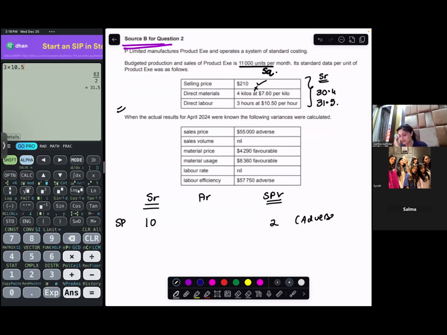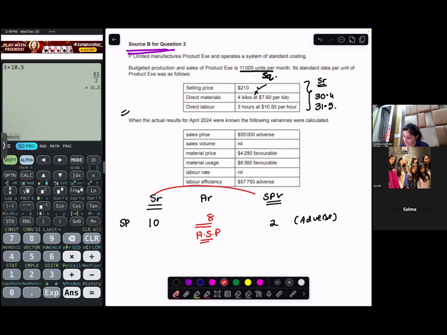What does this mean? That your actual rate would be 8. It means my actual selling price was less by 2. So my actual selling price was 8. So from the standard rate, I minus the sales price variance to get my actual selling price.